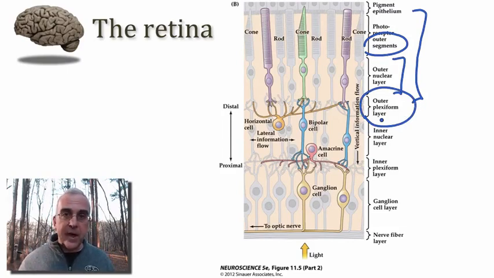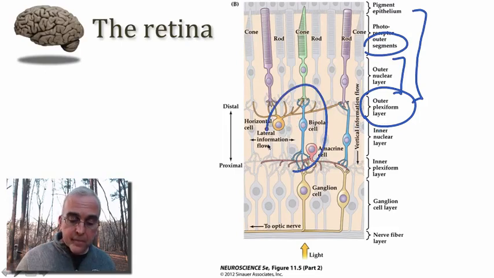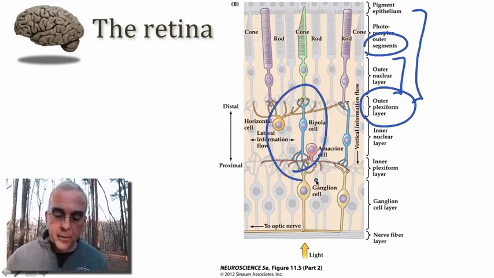This is where the synaptic terminals of photoreceptors interact with 2 of the remaining 5 types of cells that we have in the retina. These synaptic terminals of photoreceptors release neurotransmitter on the endings of a type of cell called the bipolar cell. Here we have an illustration of a bipolar cell.